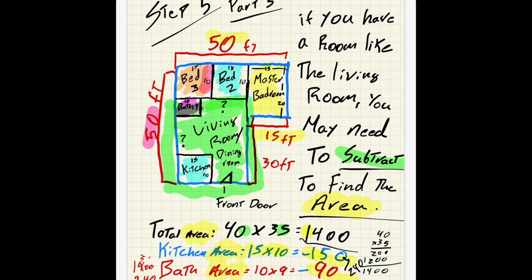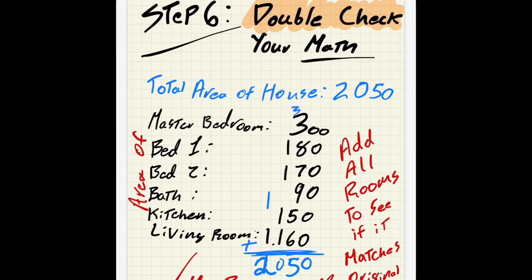So after I've calculated the area for all the rooms that I've drawn in my house, I can move on to step 6, area and perimeter, I should say. I didn't do my perimeter on this, but I did it on most of my rooms.